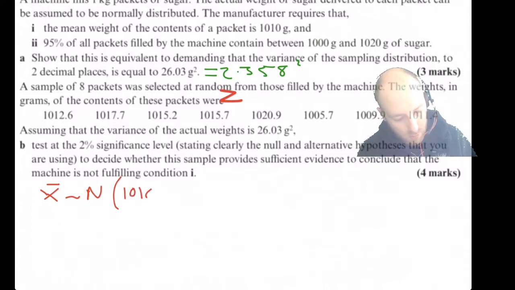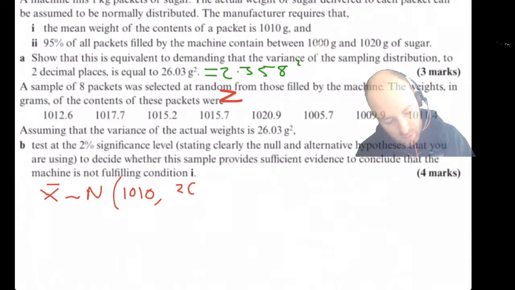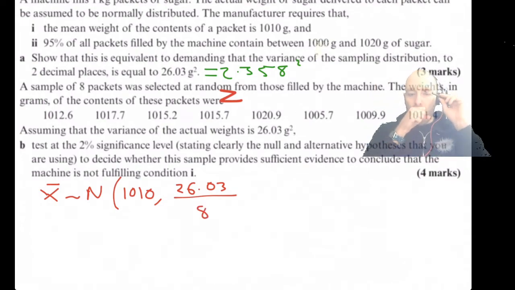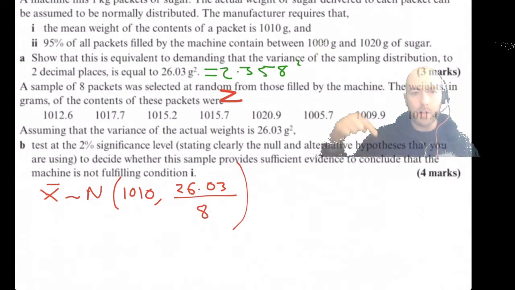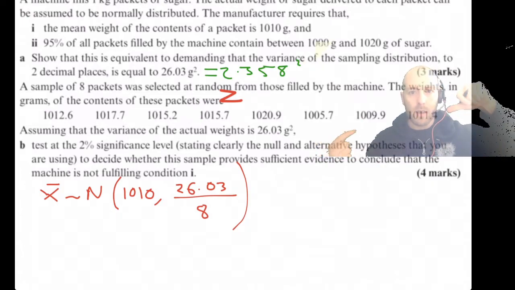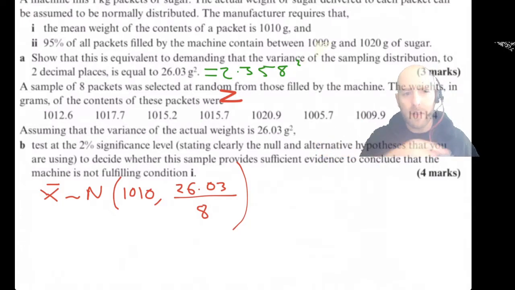The standard deviation now will be, let's put sigma squared in, put the variance in, 26.03 divided by n, and n is 8. So we should get that as our distribution for the sample means.